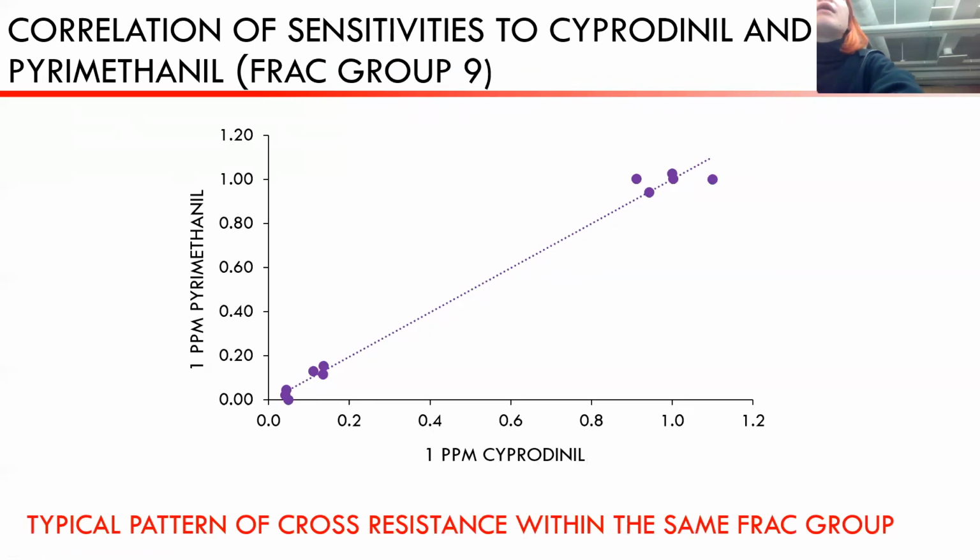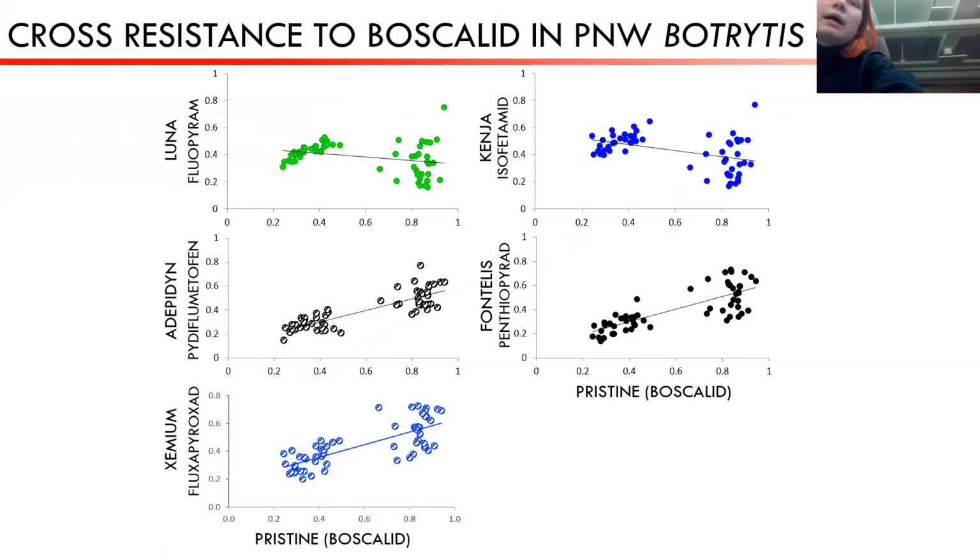When we come back to our FRAC group 7 fungicides and the 5 new chemicals developed by companies a couple of years ago, what is unique is that the patterns of cross-resistance are different in this case. Here you can see 5 different graphs with cross-resistance patterns of boscalid, or Pristine, and the other new FRAC 7 fungicides.